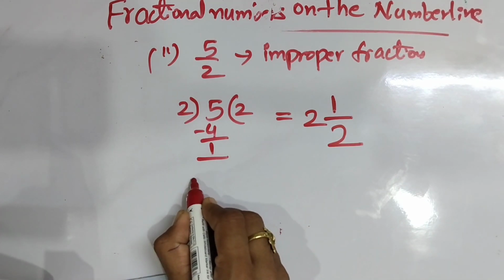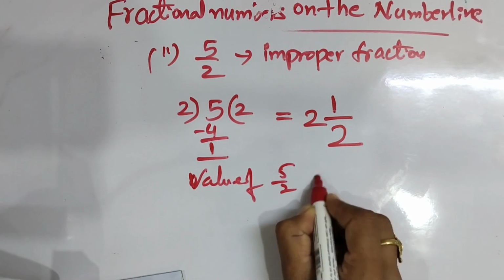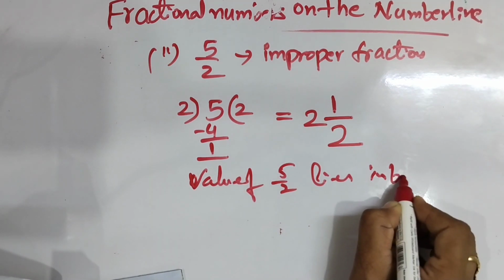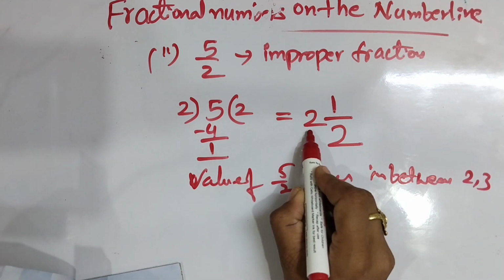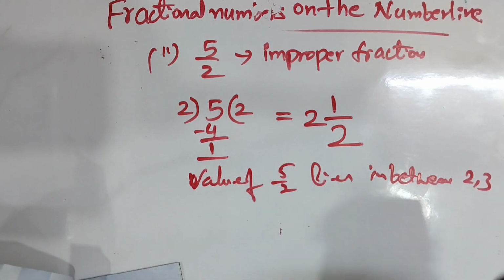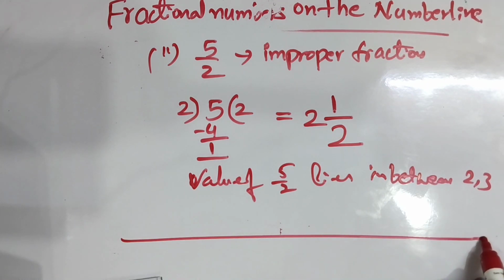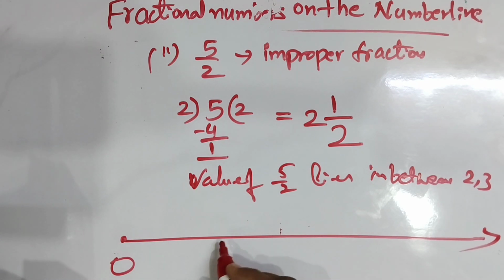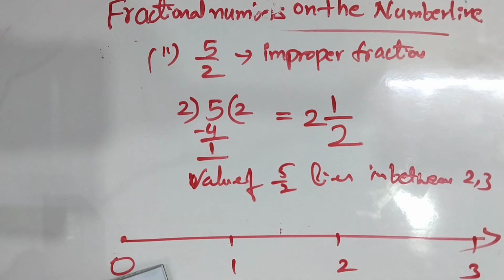So the value of 5 by 2 lies in between 2 and 3. Here the whole part is 2, and the next number is 3. So in between 2 and 3 the value lies, okay. So 0, 2 and 3, 1, 2, 3, I am taking.